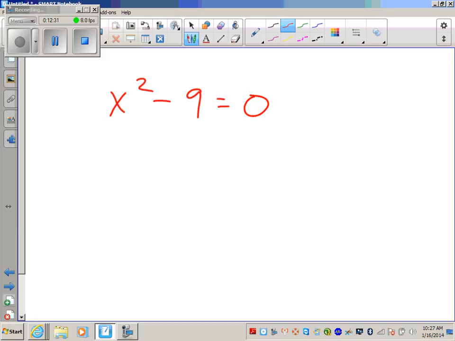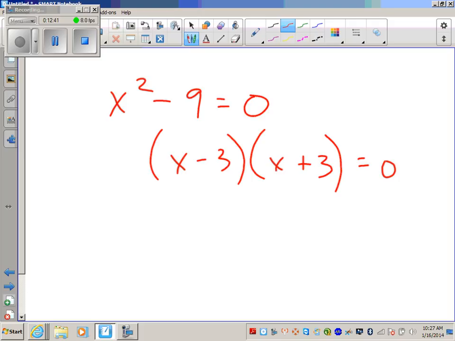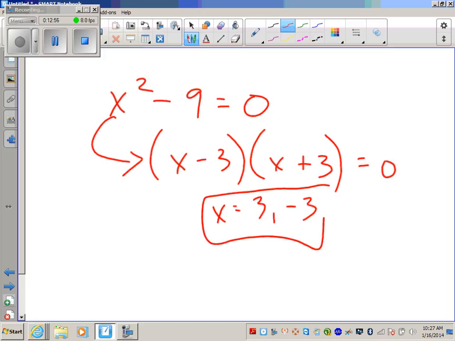And then we look at this and we say, oh, that's difference of squares. So block out that top part. This looks like a problem that you'd have for today, right? So then tomorrow says you have to go here today. So your solutions would be 3 and -3.